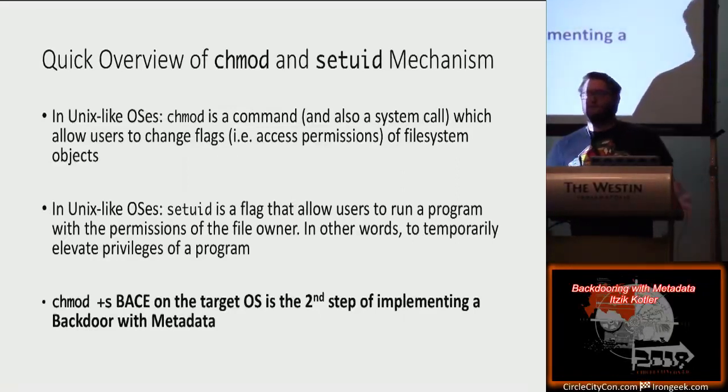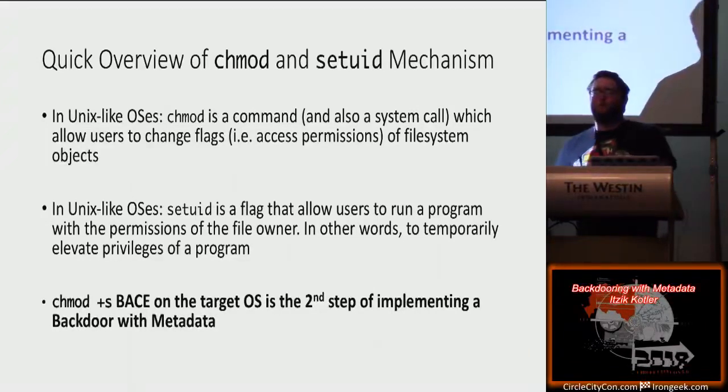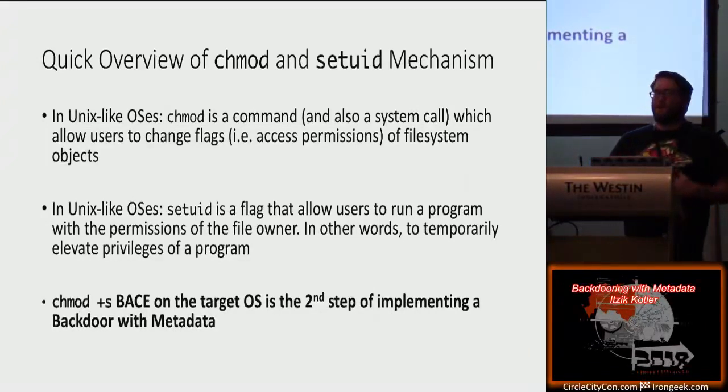Now, of course, sharing the password is a bad practice. Having everybody be root is a bad practice. There needed to be a mechanism that would allow, even temporarily, for programs to elevate their permission in order to perform a task. And the most obvious example would be passwd.